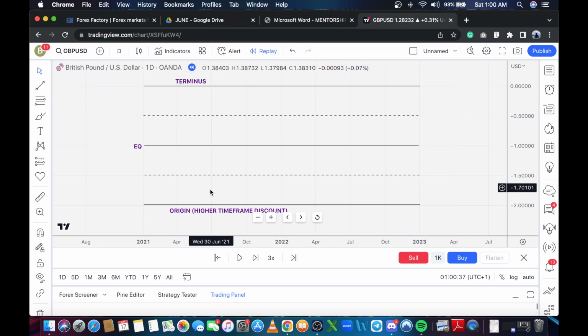Again, you identify the terminus of an existing range, because usually the market will consolidate inside an existing range. So what is the terminus of that existing range? What's the origin of that existing range? Define that range, divide it in half, and then divide the half into half, and then you get your 4 quarters. You have quarter 1, quarter 2, quarter 3, quarter 4.